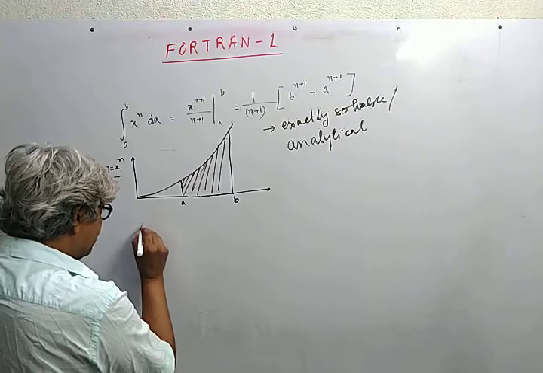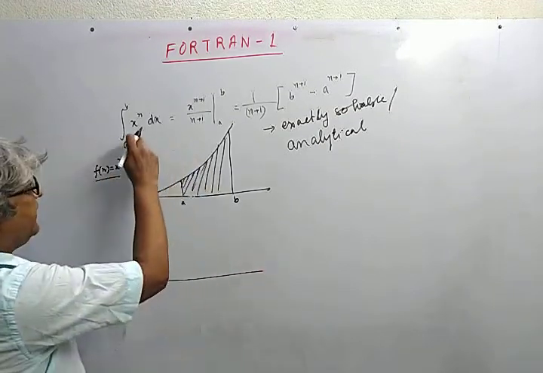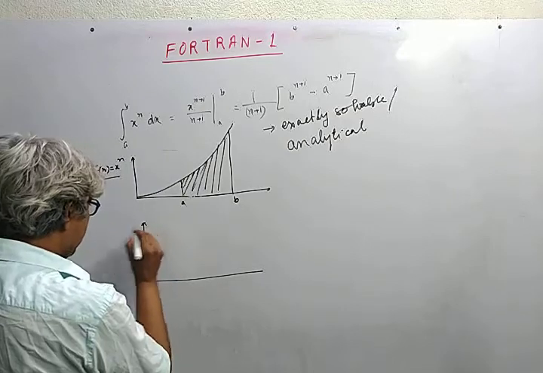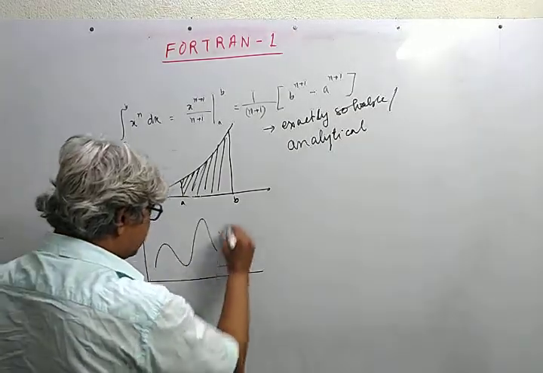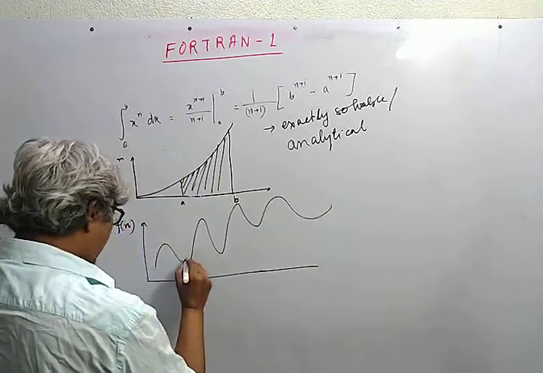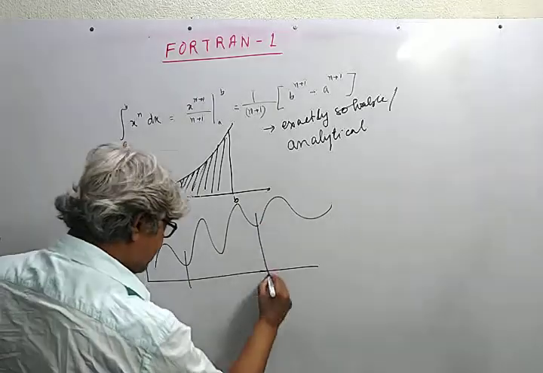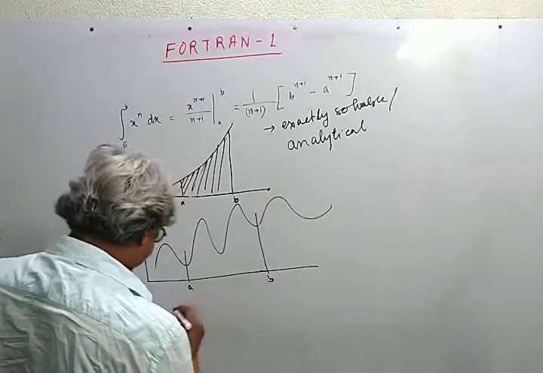Compare another, similar situation. The only thing is that the integrand is not as simple as this. Rather, the integrand is of this form, and our aim is to find out the area between these two, again from x equal to a to b.